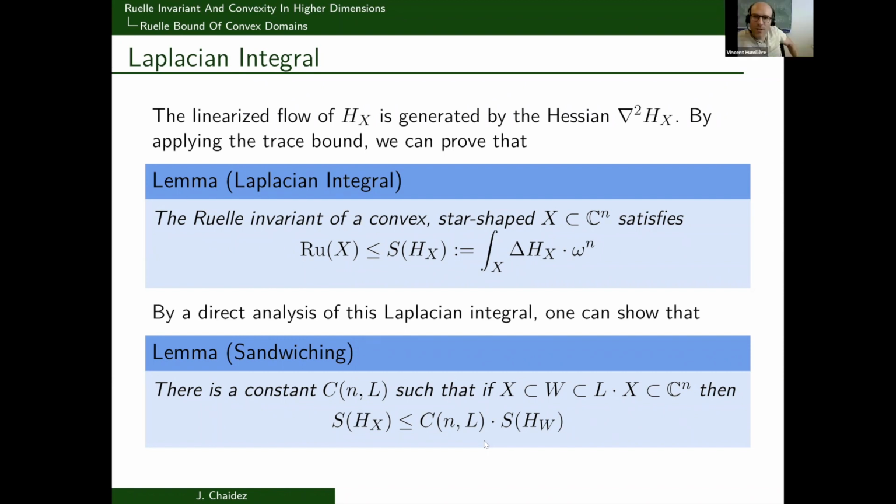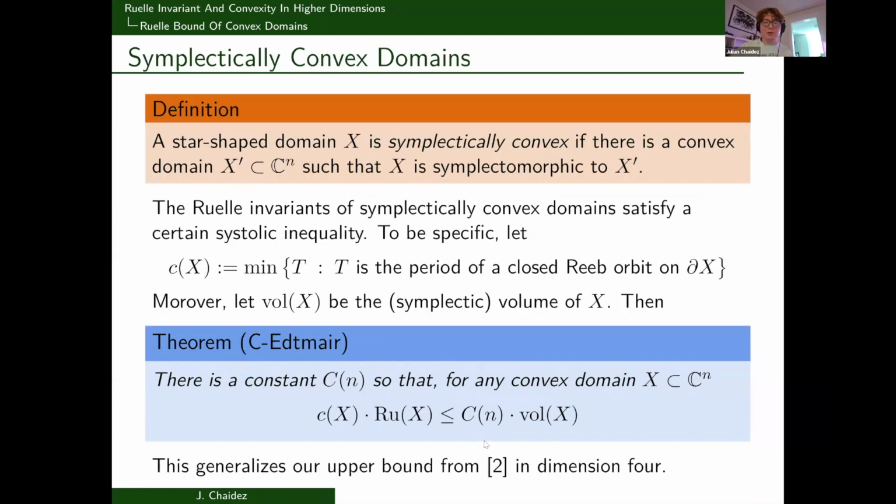Sorry, can you hear me? Okay. My question was, what can you say about this constant C of n, I guess it's in the previous slide? This one, yes. That's a great question. The constant that is currently in our draft is very, very bad.